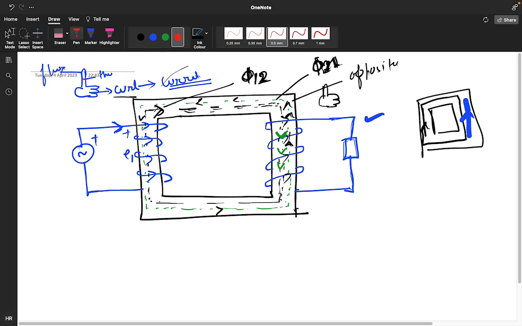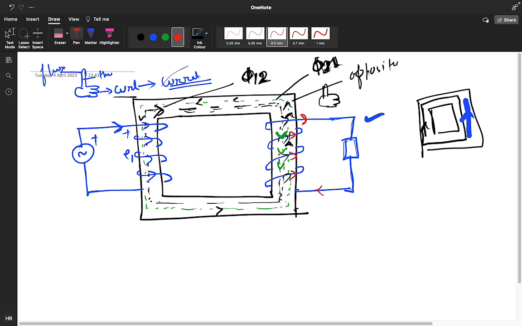So we are getting a curl like this, going like this.